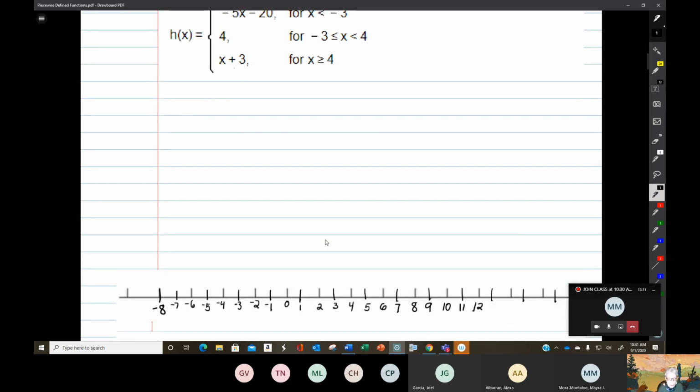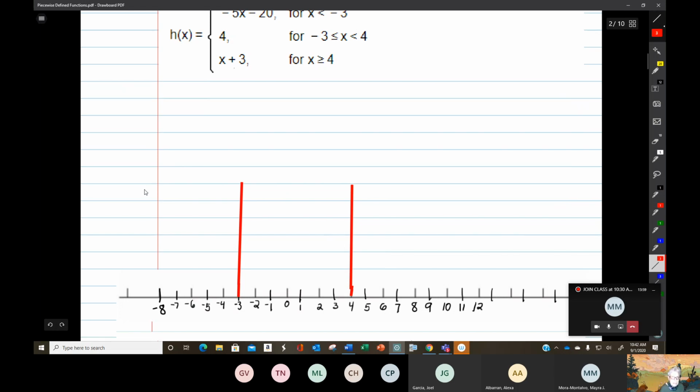And okay, if I go to x equals negative 3, and then x equals 4, I call those the change points. And I'm actually going to draw these a little higher so that I can do this.